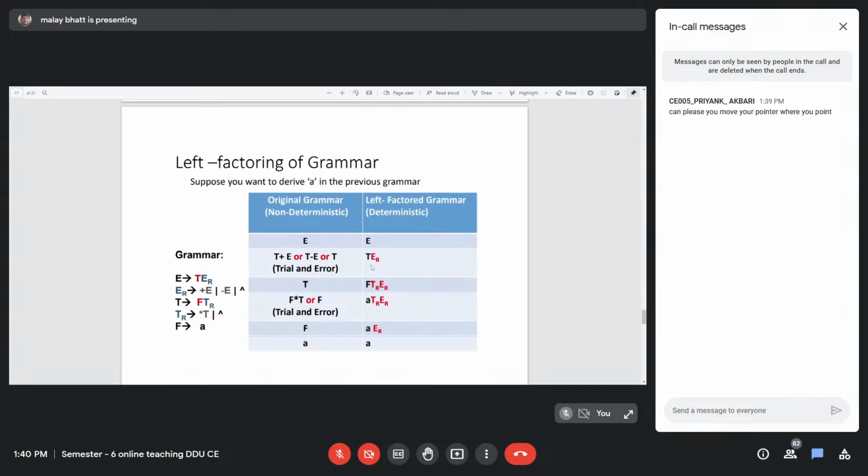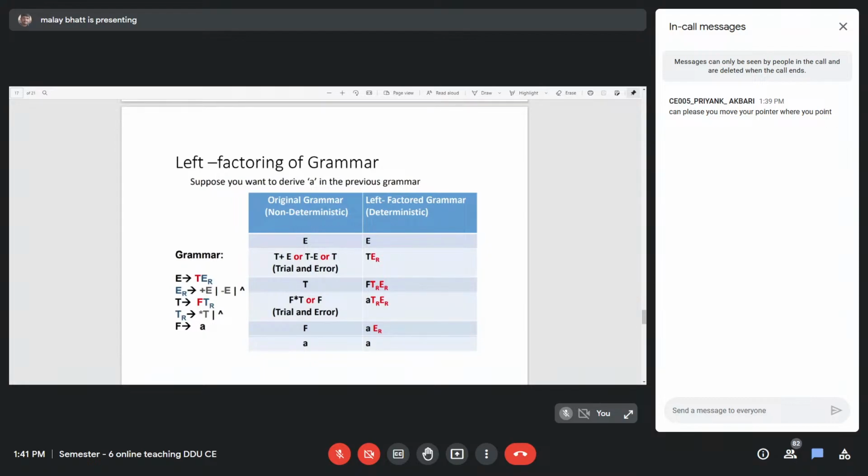Now for this T, we'll select FTR. So it is here. T is replaced with FTR, ER. So it is the leftmost derivation. Now we want to derive A. As we want to derive A, we'll replace F with A, because again it is a determinism.